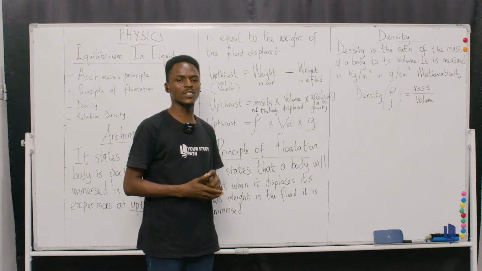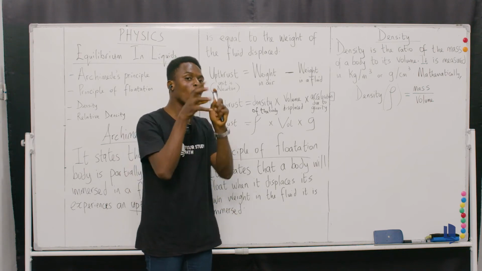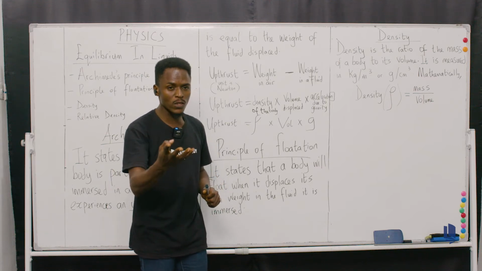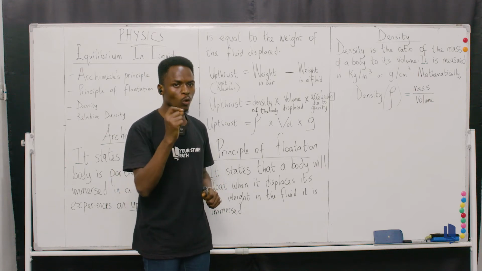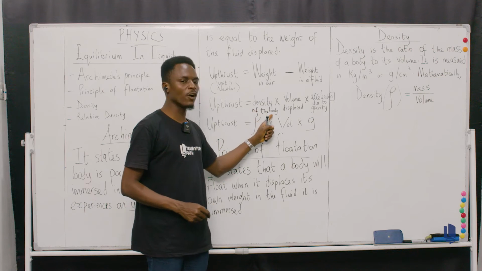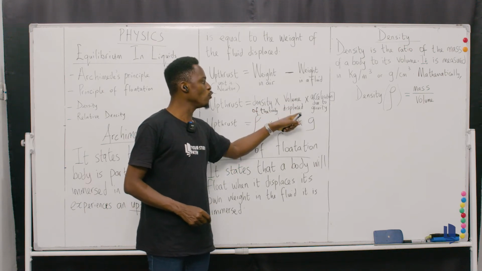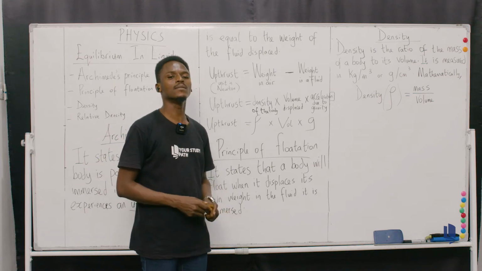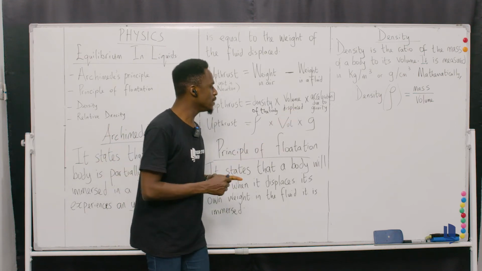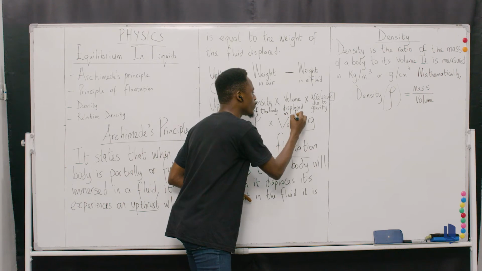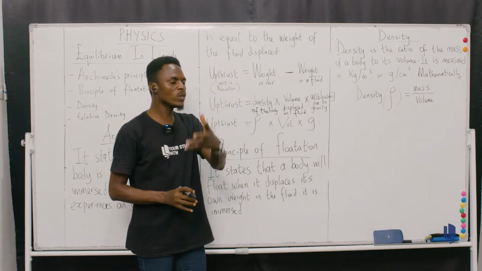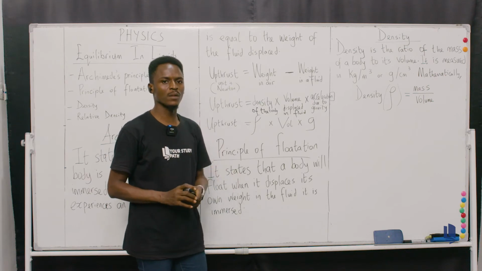Note, here density of the body, here volume displaced inside the liquid, inside the fluid, is what we are considering. Two key things. When we start solving questions, you'll get to understand better.